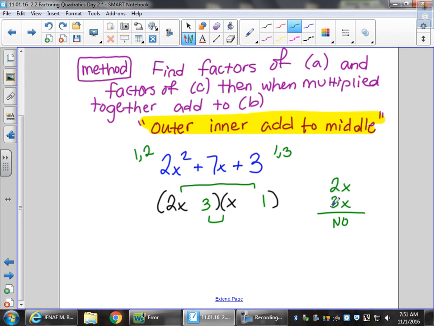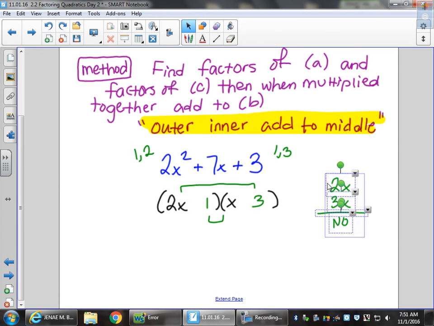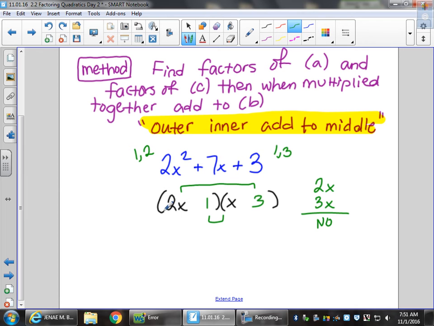Yeah. So what could I rearrange? What choice did we initially make? So instead of putting 3 here and 1 here, what are we going to put in the first factor? 1 here and a 3 here? Let's try again. So again, outer. What's the outer get me? 6x.